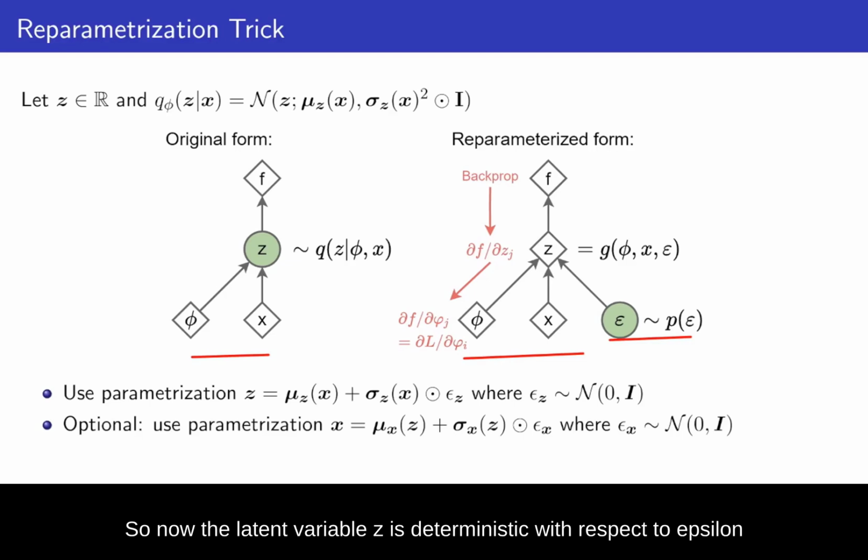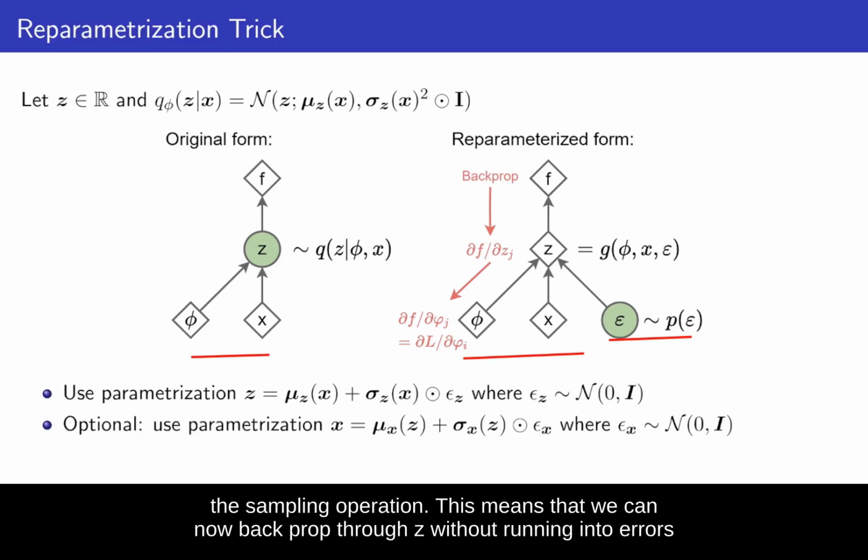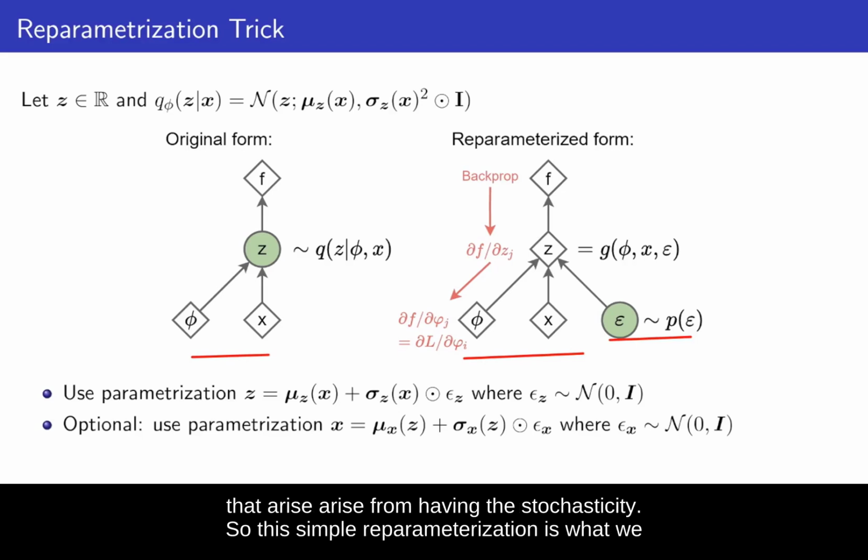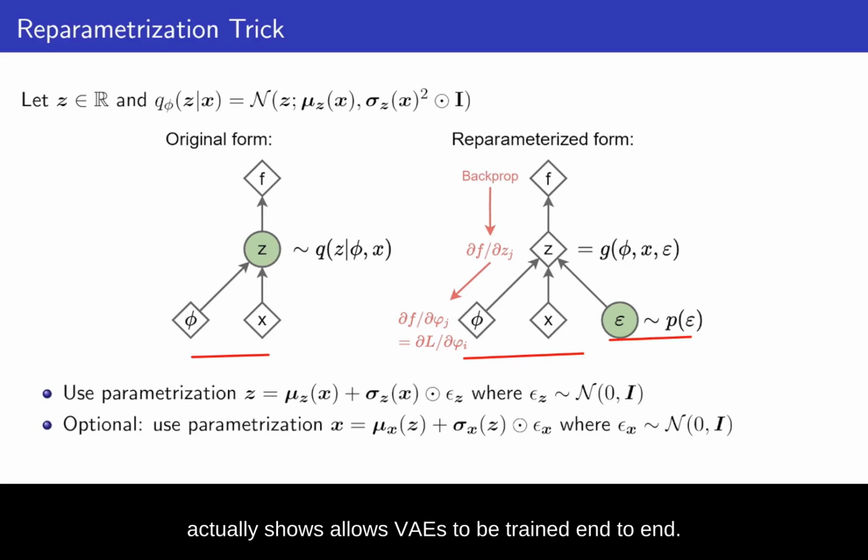Now the latent variable Z is deterministic with respect to epsilon, the sampling operation. This means that we can now backprop through Z without running into errors that arise from having the stochasticity. So this simple reparameterization is what allows VAEs to be trained end to end.